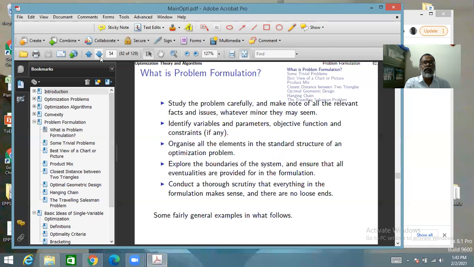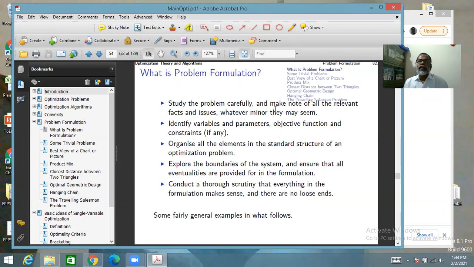So, first of all, what is problem formulation? We have discussed it one round earlier in the second lecture, optimization problems. Now this lecture is devoted to this discussion. So we need to first study the problem carefully, making note of all the relevant facts and issues, whatever minor they may seem.